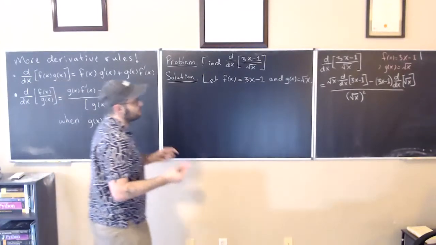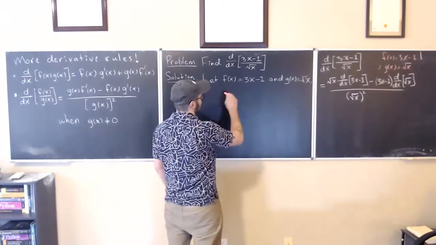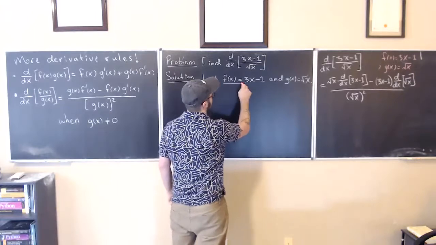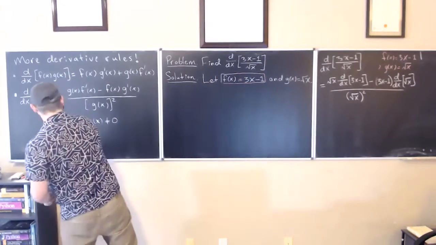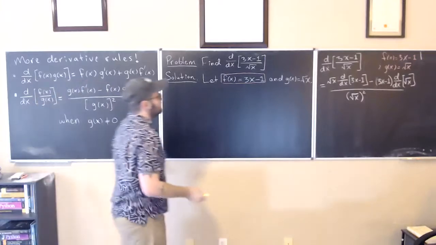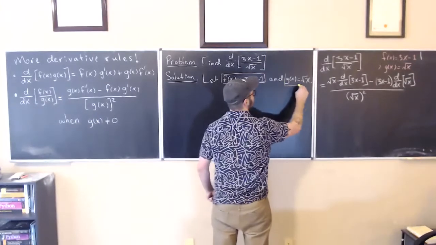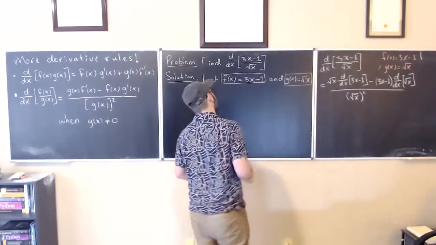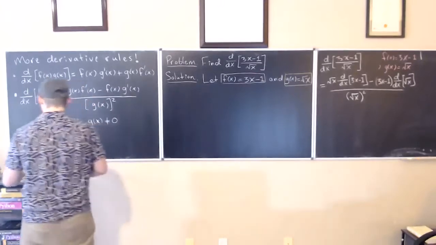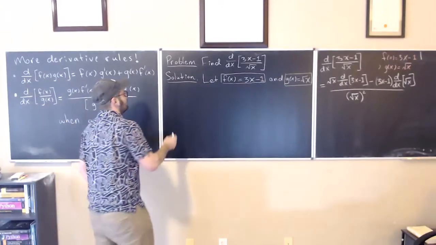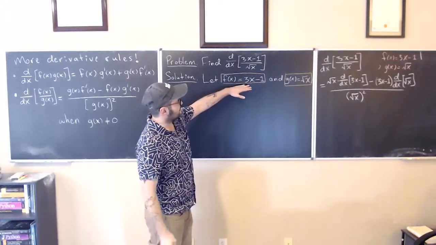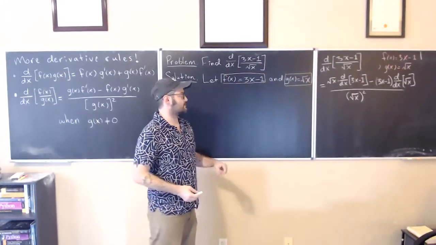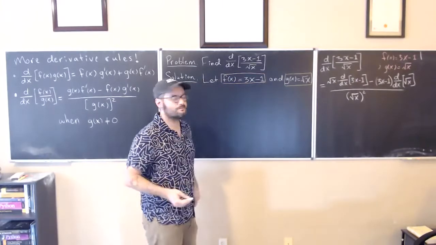And I would even use colors when I was a student. I would say, okay, this is f, and then maybe I'd use yellow for g. This is g. Okay, so then now I'm going to find the derivatives of these pieces before plugging into that formula.